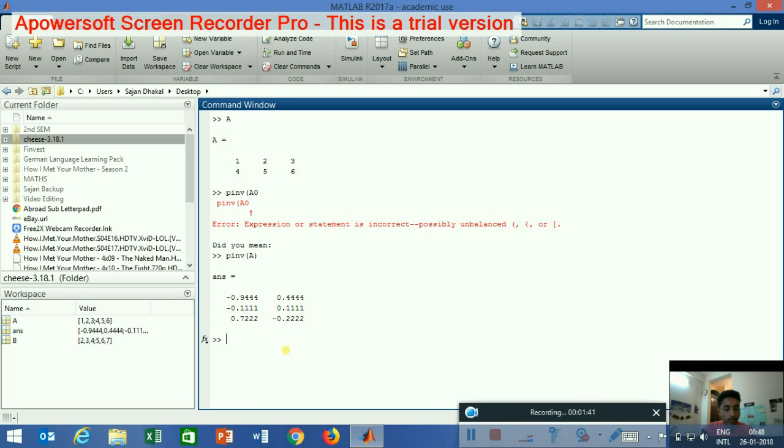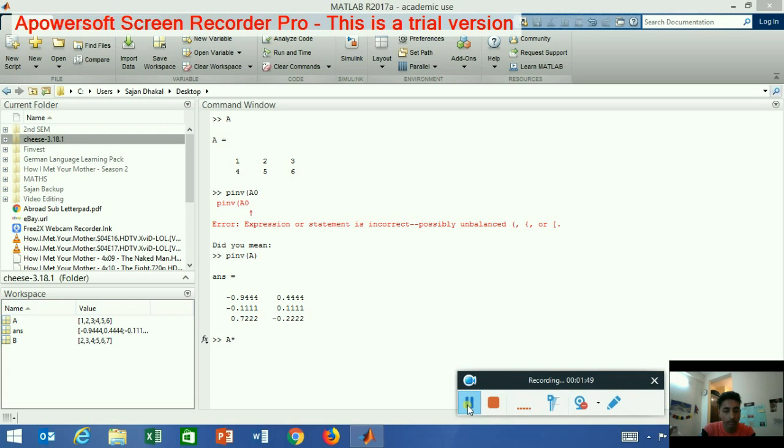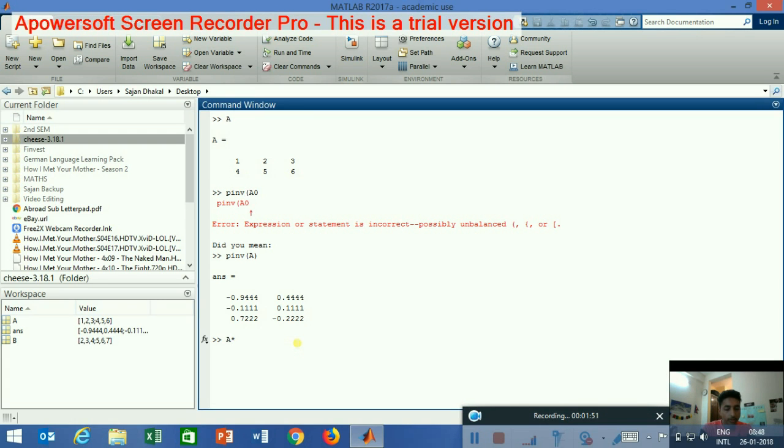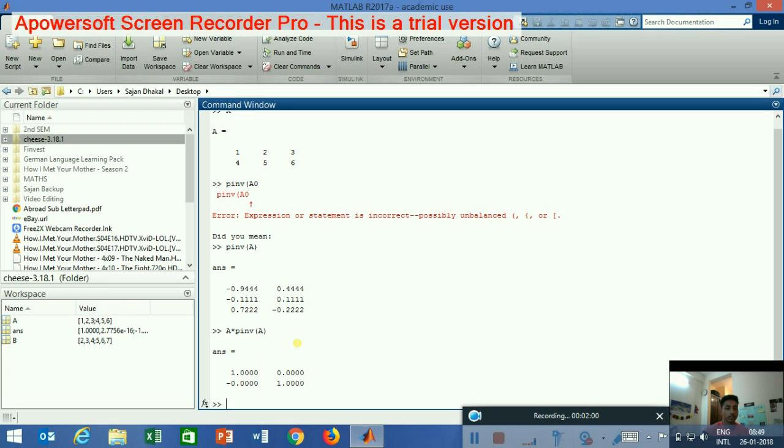We could verify this by multiplying A by its inverse, A into pinv A. Yeah, you can see this is our identity matrix, and the rule suggests that something multiplied by its inverse gives our identity matrix.